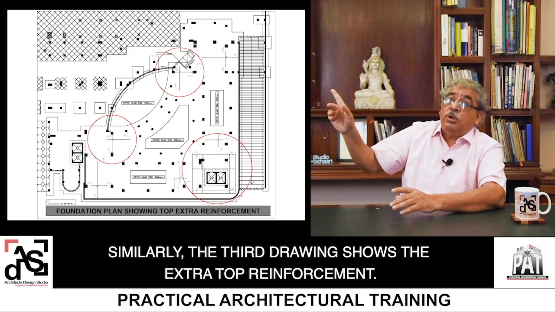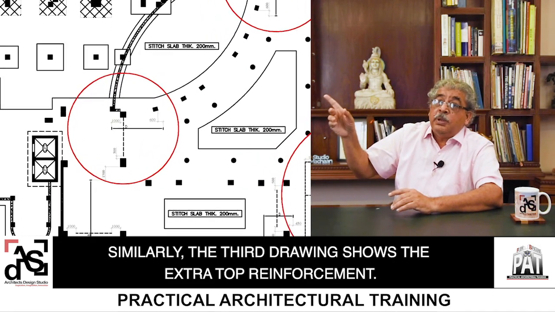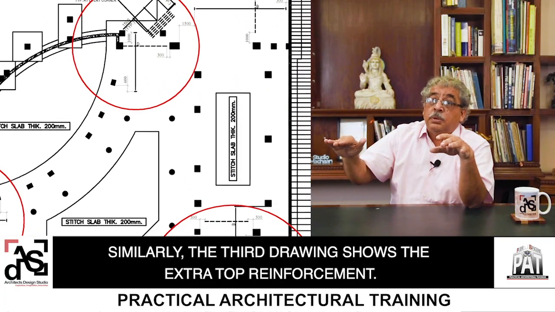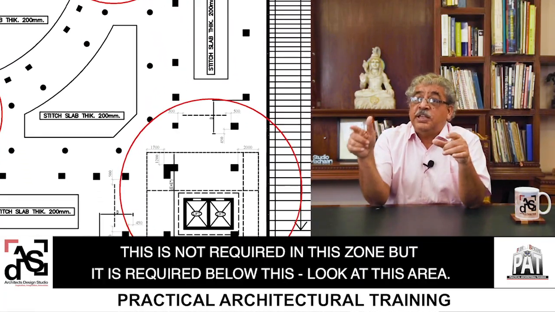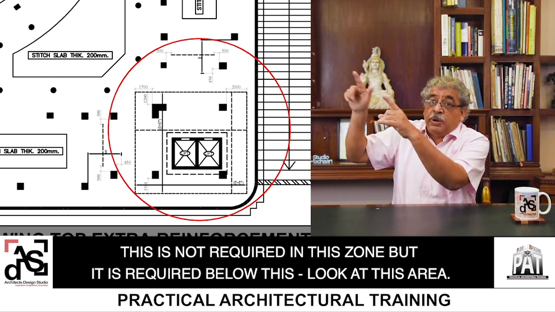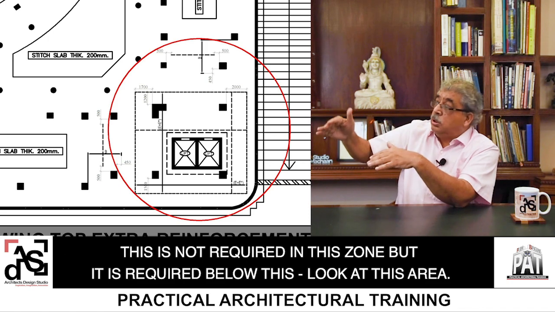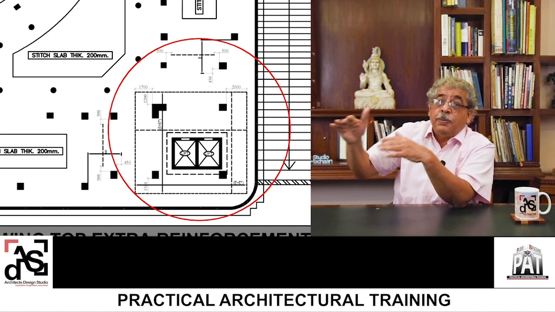Similarly, now look at the third drawing. This shows the extra top reinforcement. This presently is not required in this particularly zoomed zone, so we have to look below that zone. Look at the area below that zone.